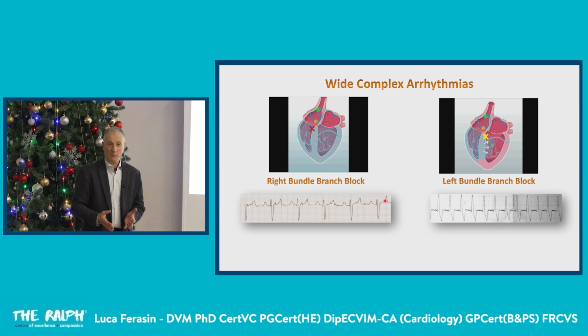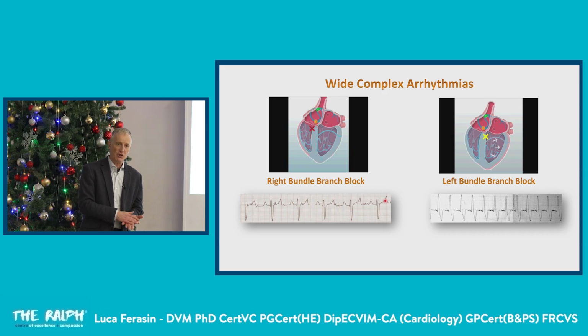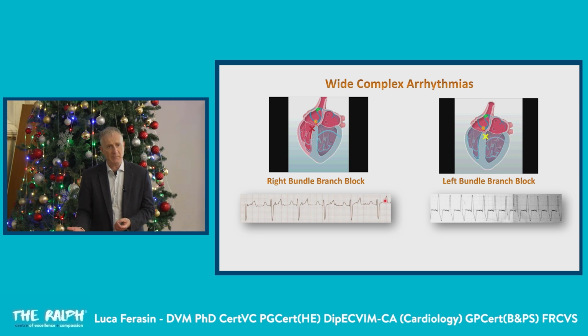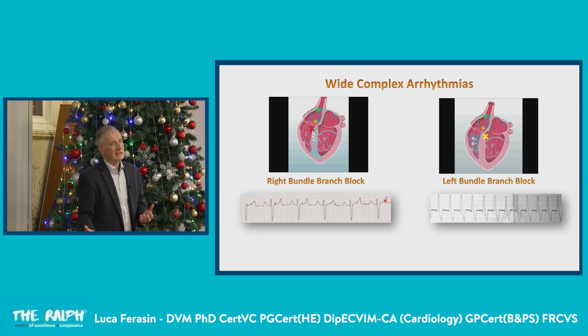We see it very commonly in dogs, sometimes in cats too. Sometimes they're associated with congenital defects, ventricular septal defects, pulmonary stenosis. Sometimes we can't identify any possible cause. And while in people, they do the resynchronization therapy or biventricular pacing, because it compromises the cardiac output, it doesn't seem to be an issue in our patients.